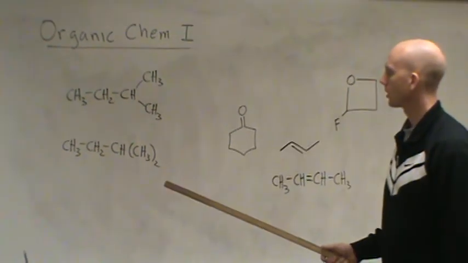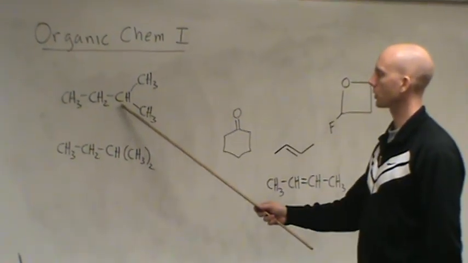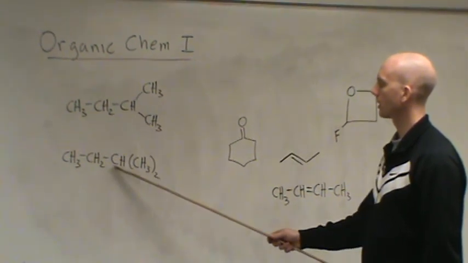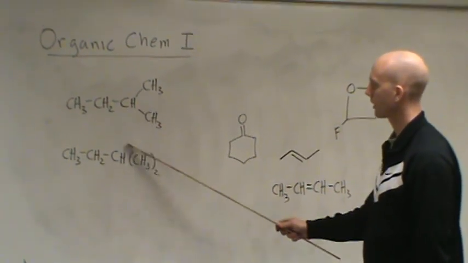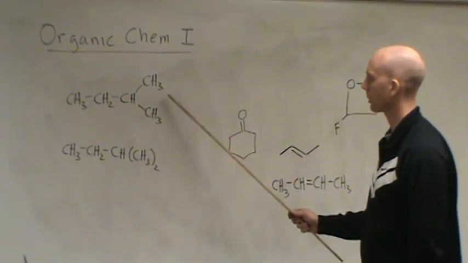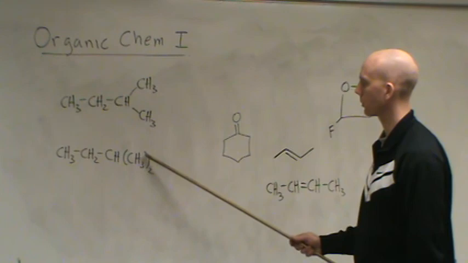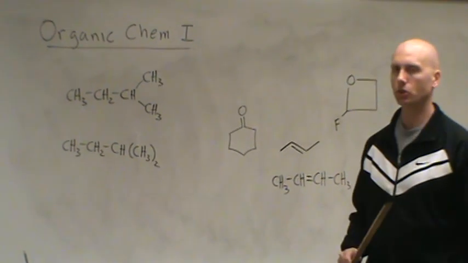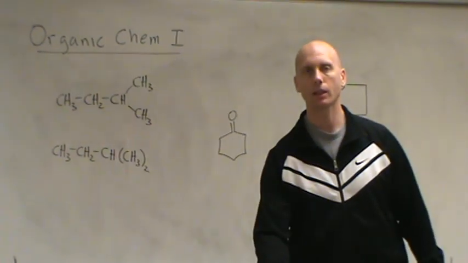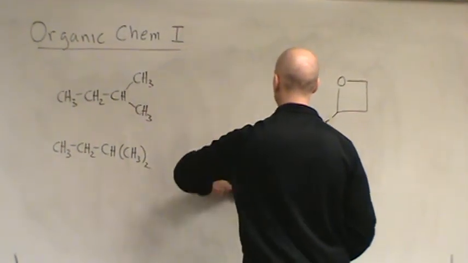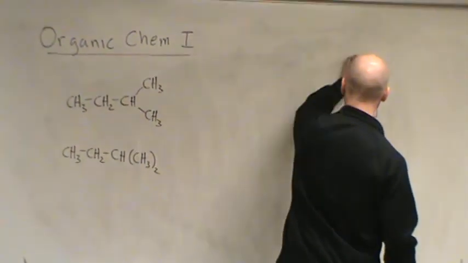If you look at this CH, it has 2 CH3s on it. Well, I can show that in a condensed manner by putting them in parentheses and 2, showing that these are 2 of them attached to that previous carbon. So the use of parentheses is used a lot in drawing structures.